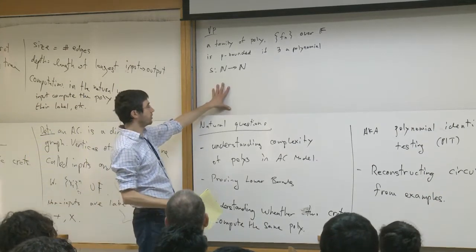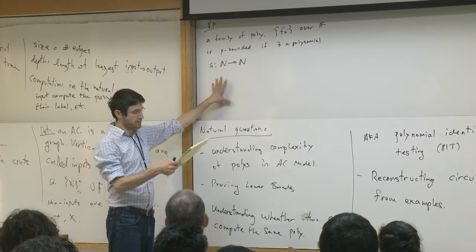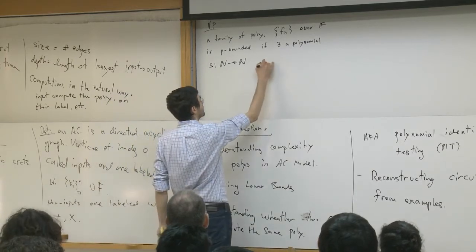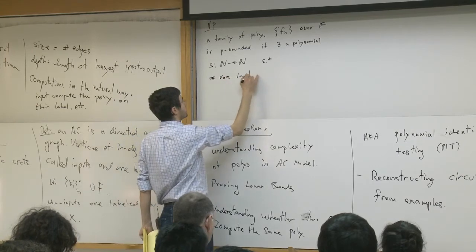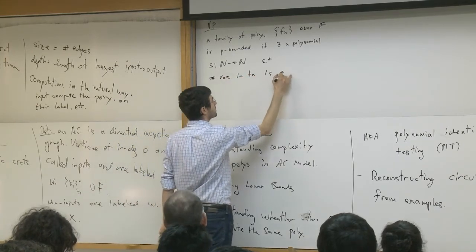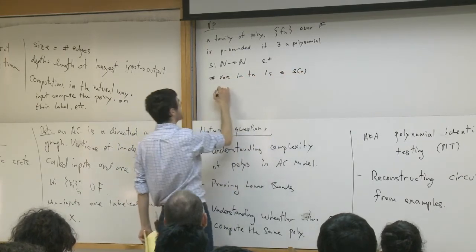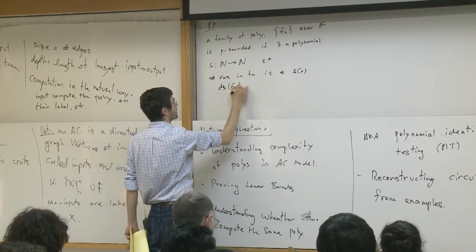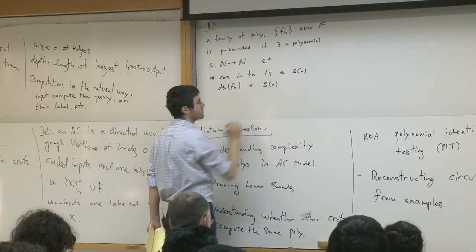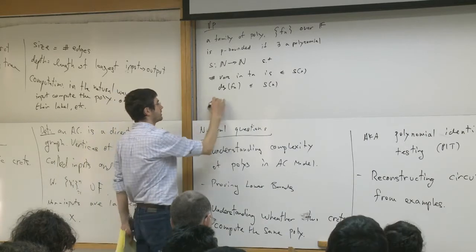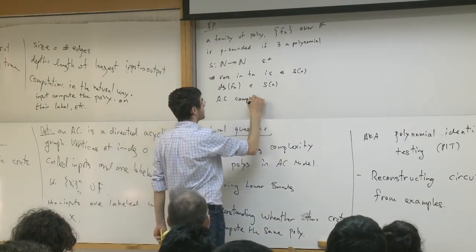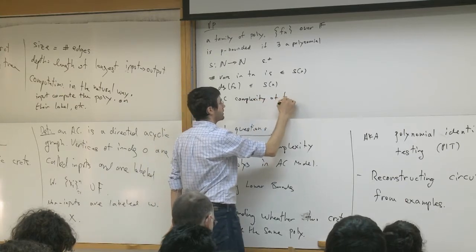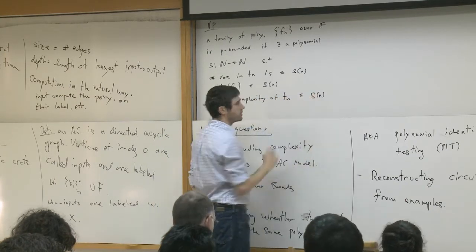So there exists a polynomial S such that the number of variables in F_n is at most S(n), the degree of F_n is at most S(n), and the arithmetic circuit complexity of F_n is at most S(n).